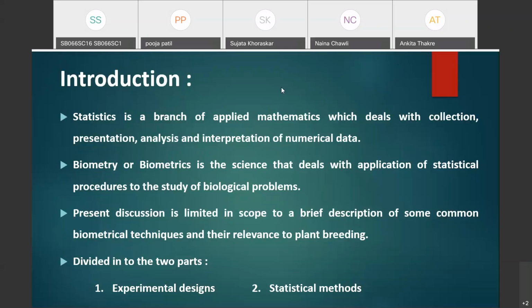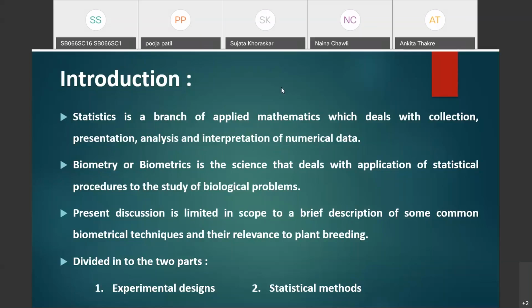Biometry or biometrics is also called biostatistics. Whatever statistical procedures are applied to study biological problems, that branch is called biometry, or biostatistics.